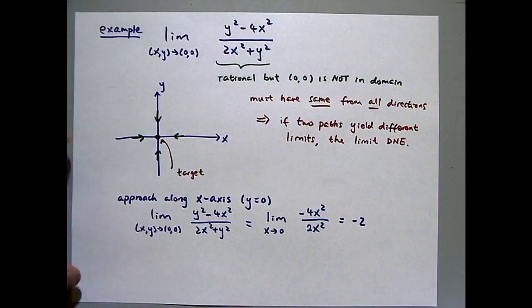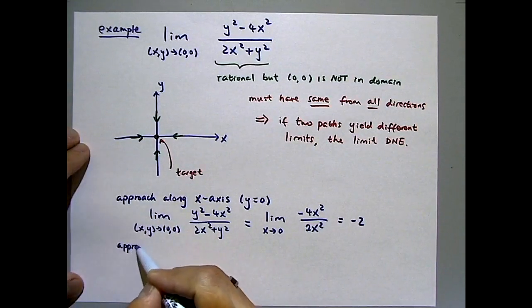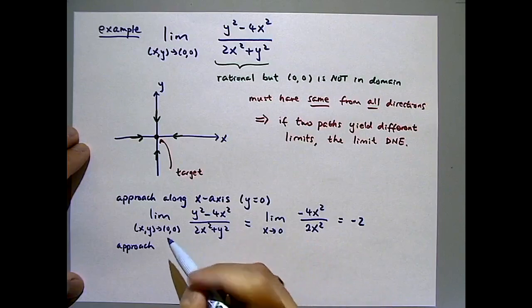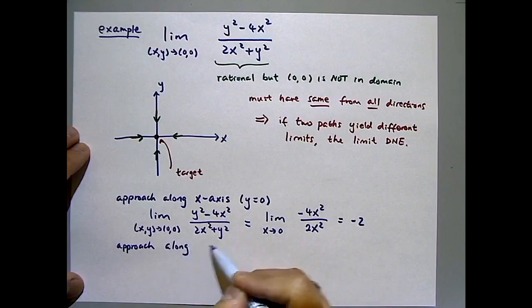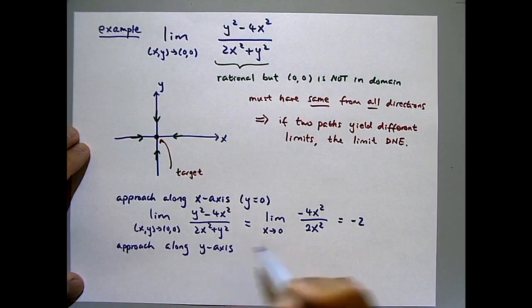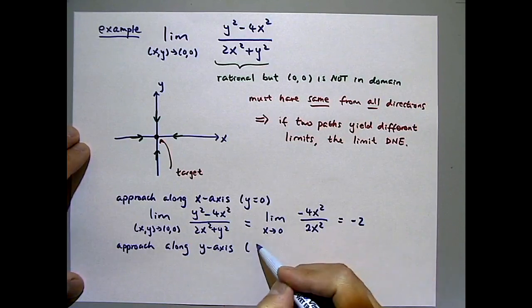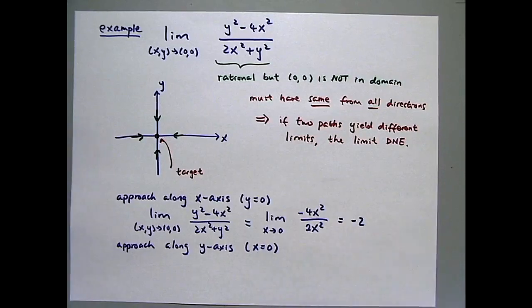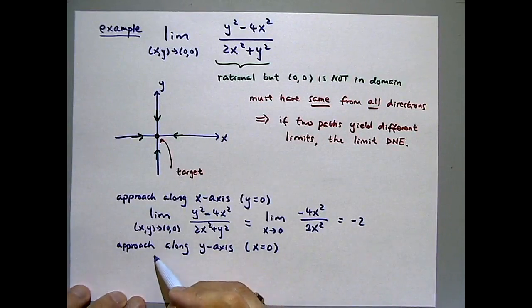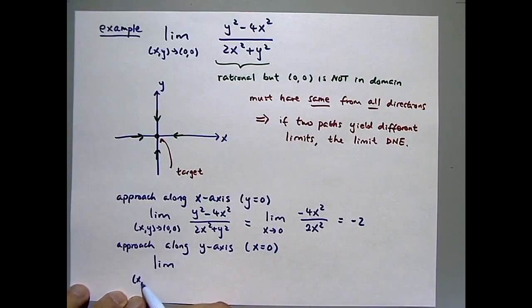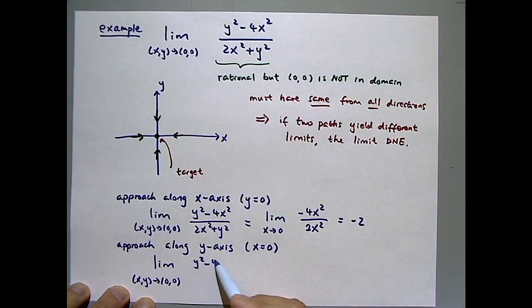Now let's try from the y-axis. Approaching along the y-axis means x is constrained to be 0, and y is allowed to be free, which we're going to take to 0 by taking the limit. So the original limit becomes, again, another one-variable limit.